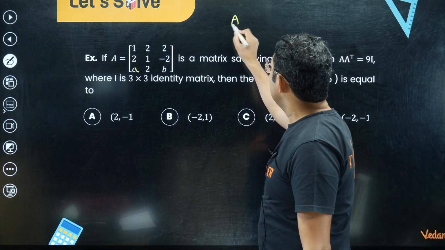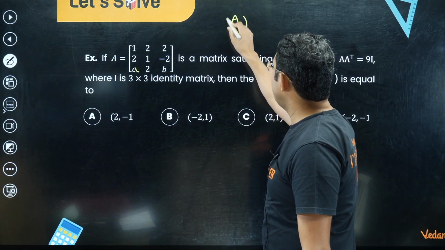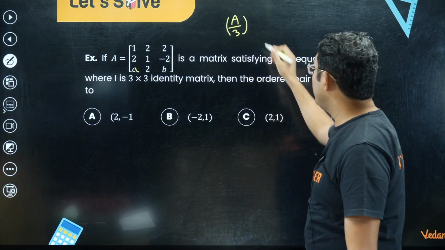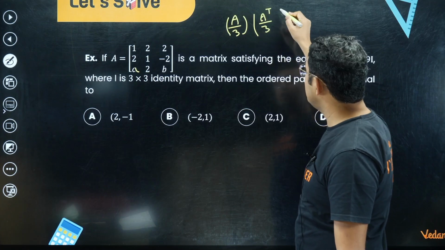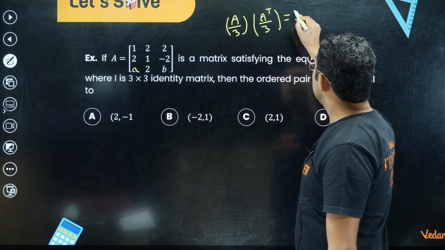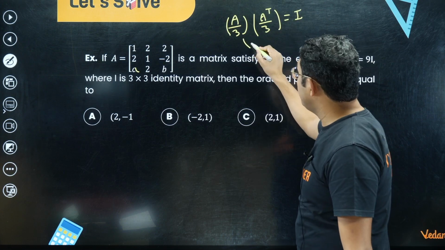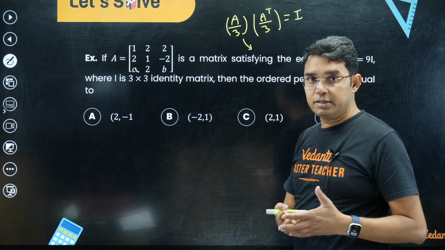Whenever we are given an orthogonal matrix, here if I divide both sides by 9 and write it like this, A upon 3 into A transpose upon 3 will become equal to I. So A upon 3 becomes an orthogonal matrix.